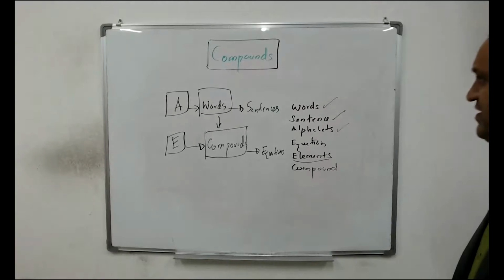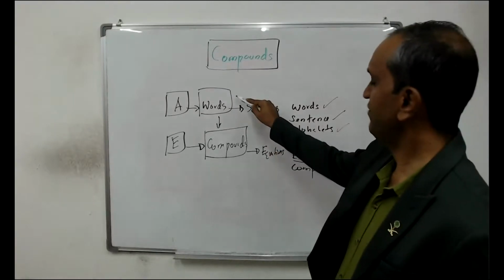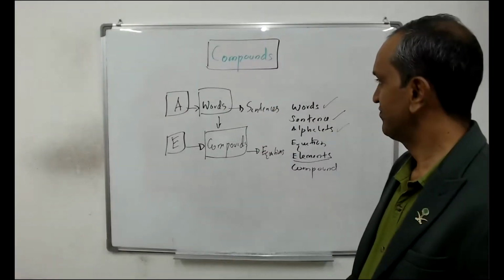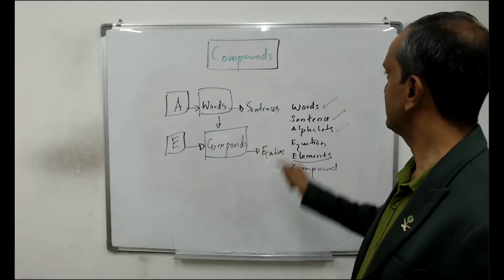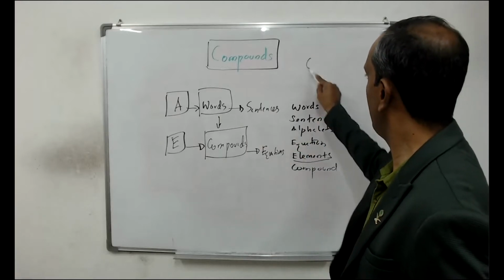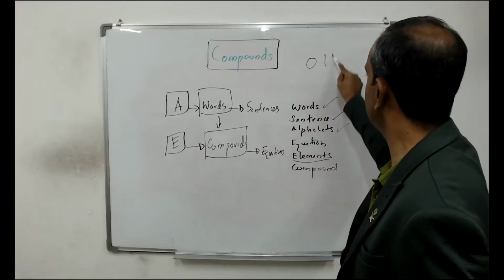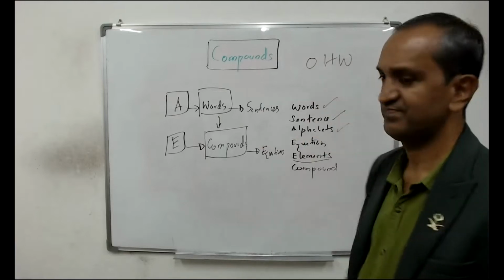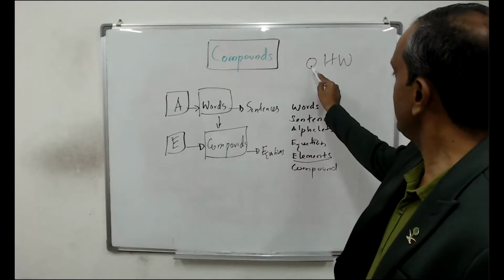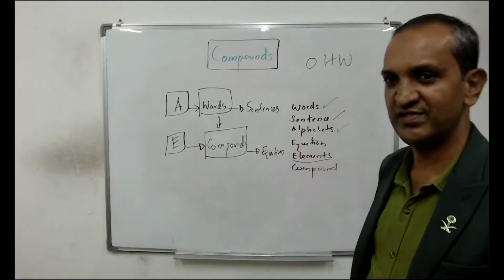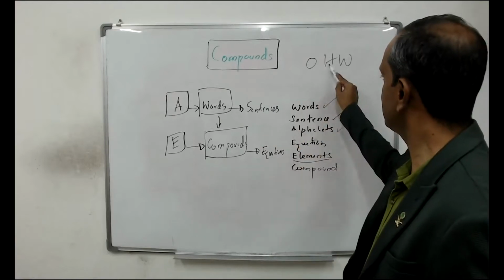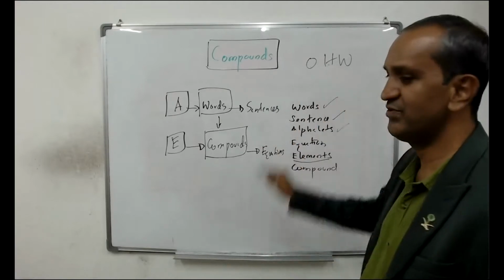Now let us see alphabets of the English language: O, H, W. O in chemistry is called oxygen, H hydrogen, and W tungsten.